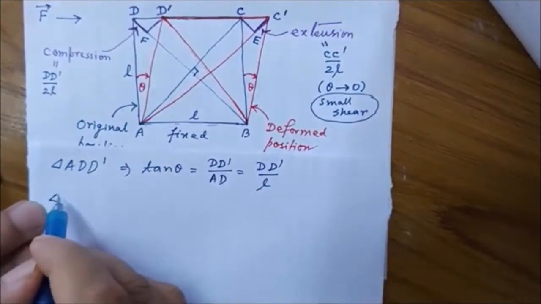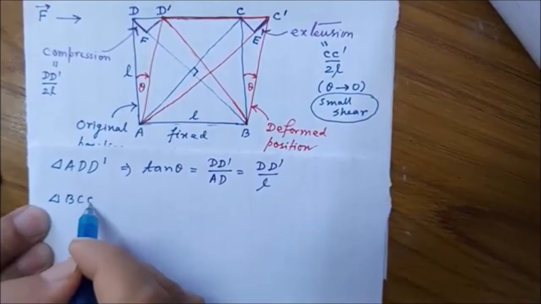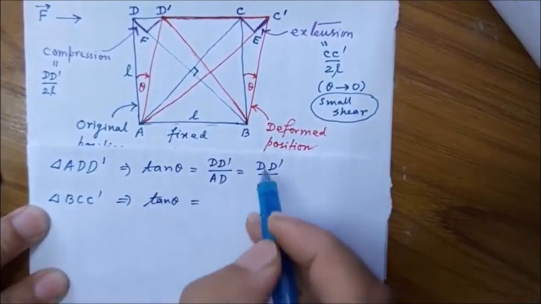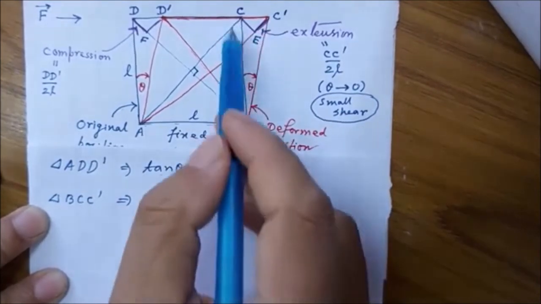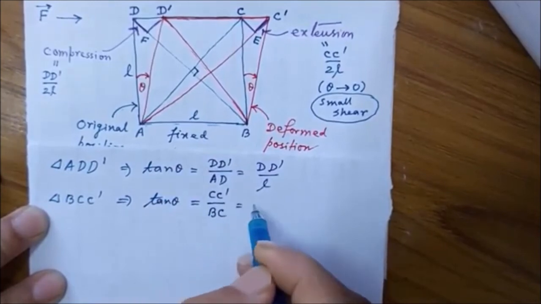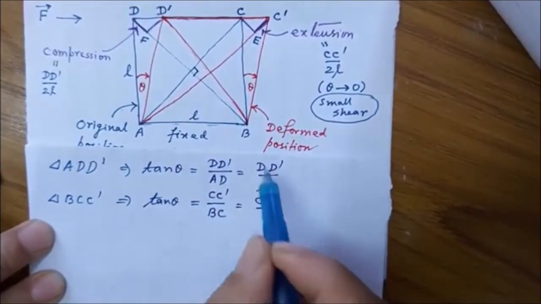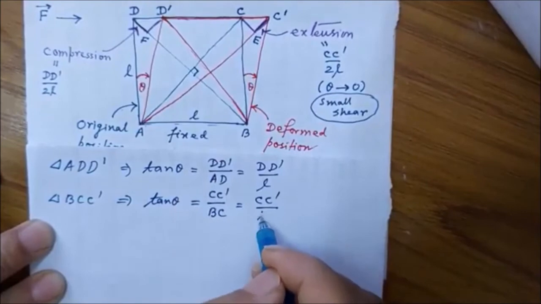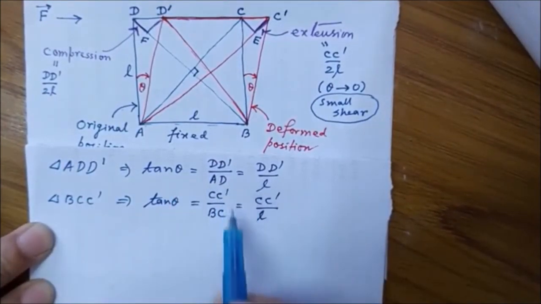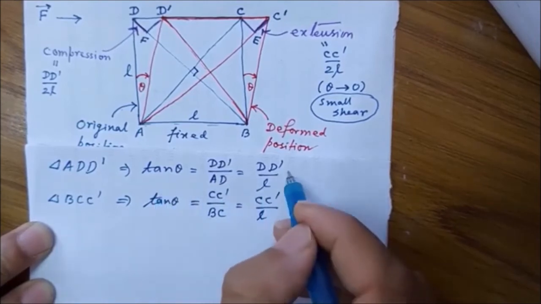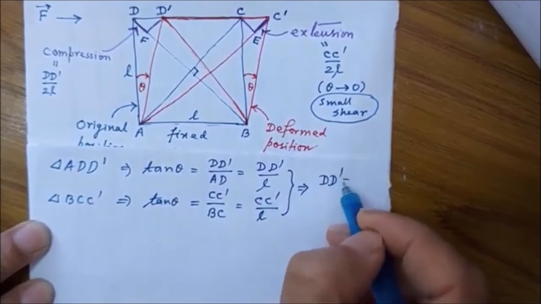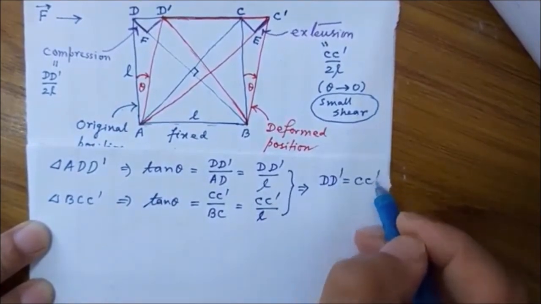Again, from triangle BCC prime, the value of tan theta is CC prime by BC. So it is CC prime by BC is L. So it is L. The left hand side for both the equations is tan theta. So it follows from here that DD prime and CC prime are equal.